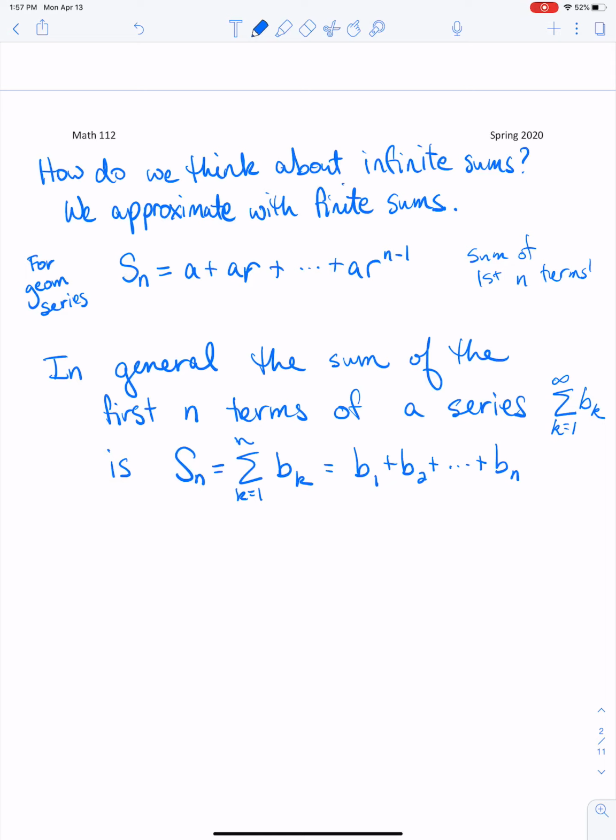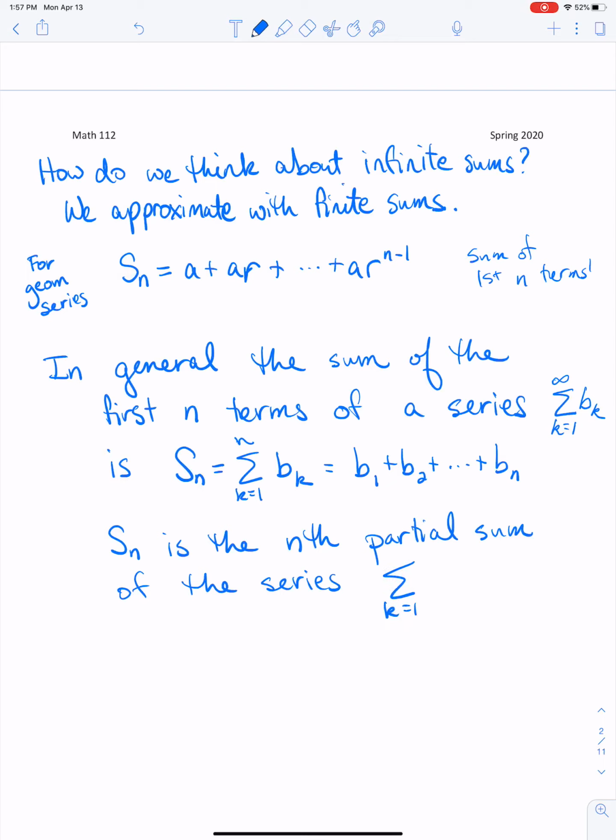So Sn is the nth partial sum of the series sum k equals 1 to infinity b sub k.